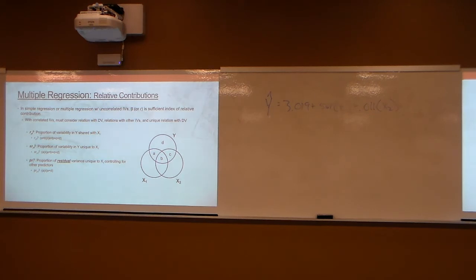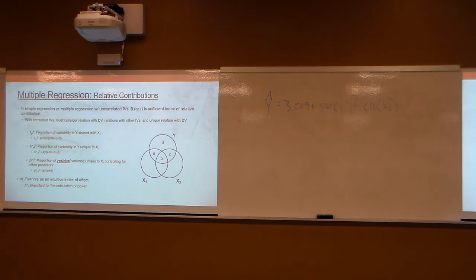And so my squared partial correlation is going to be the residual variance in y that's attributable to my x after controlling for everything else in the model. After I take everything else that's accounted for by all my other variables and pull that out, of what's left, how much of that is attributable to my x value? So we've got three different possible ways we could start to conceptualize this relation. R squared is just a bivariate relation.